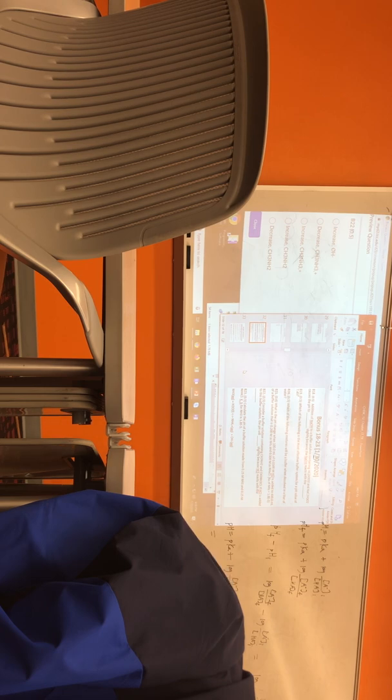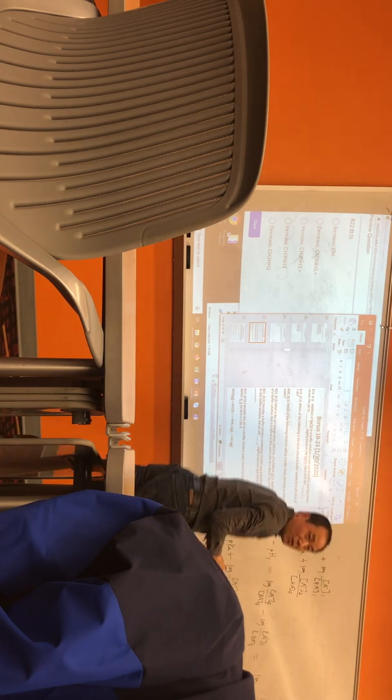Acid is 0.15, base is 0.25, negative log Ka. We don't have Ka, we have Kb. So 10 to the negative 14 goes up there, Kb value goes down here. Then that's the answer.